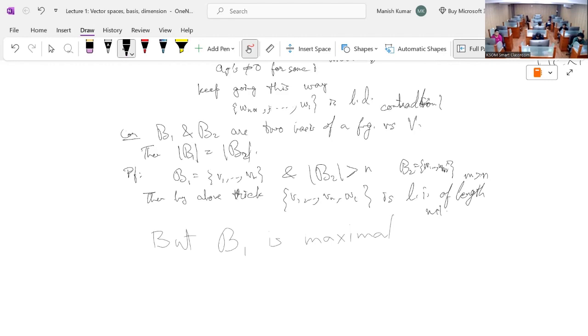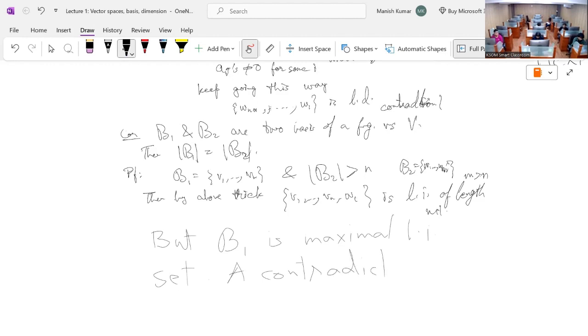So it's also a maximal linearly independent set. A contradiction to the hypothesis that B2 has more elements.